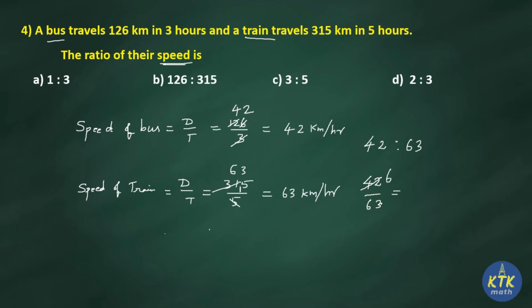How many 7s are 63? 9. Again 6 and 9 come in the 3 table. 2 3s are 6, 3 3s are 9, hence 2 by 3. Your answer is 2:3, which is option D. Therefore the ratio between the speed of the bus and the train is 2:3.